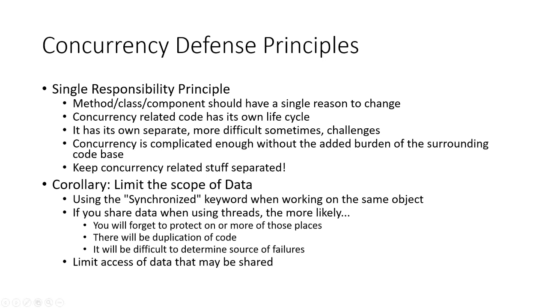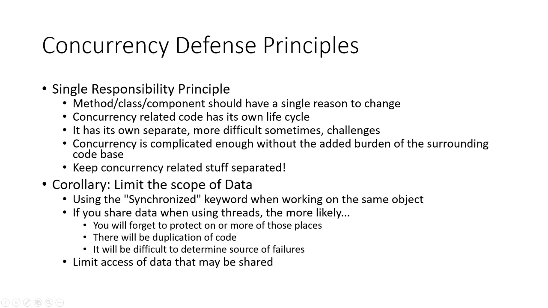Next, another defense principle is that you can limit the scope of data by, like I said, using the synchronized keyword when working on the same object. So if you share data amongst many different threads, the more likely it is you'll forget to protect one or more of those places. There will be duplication. It will be difficult to determine source of failures.